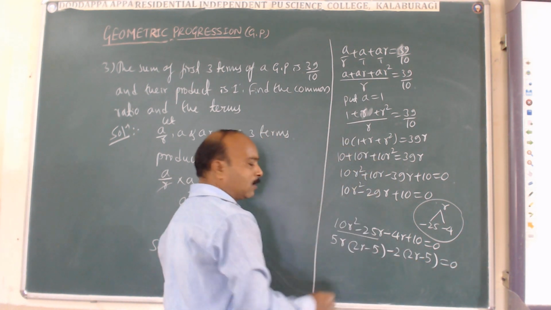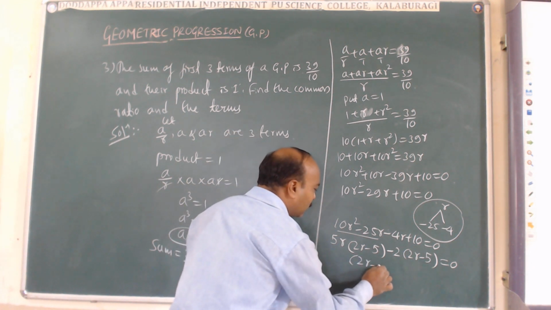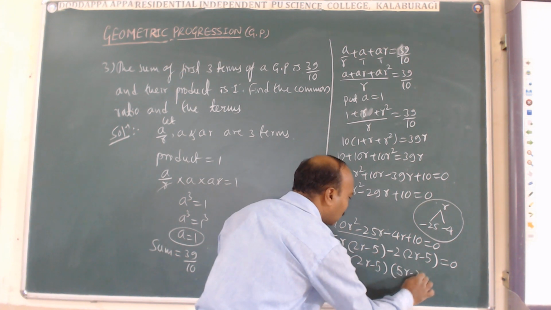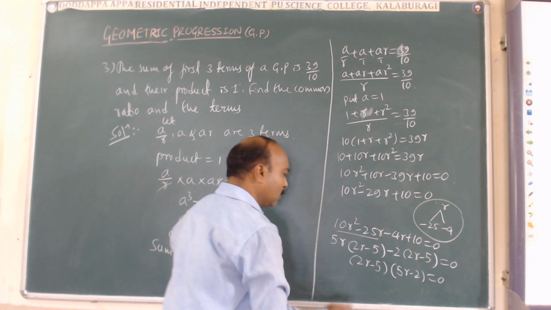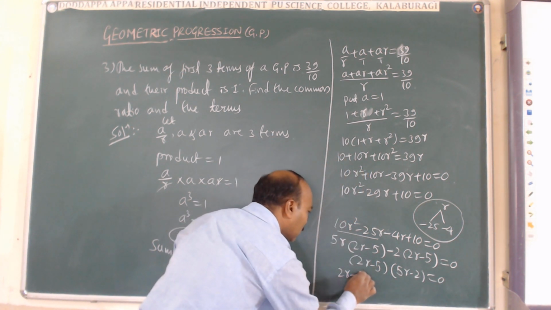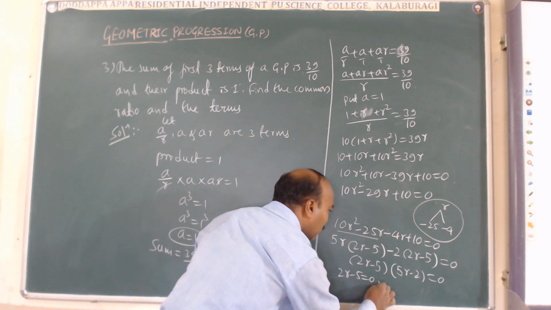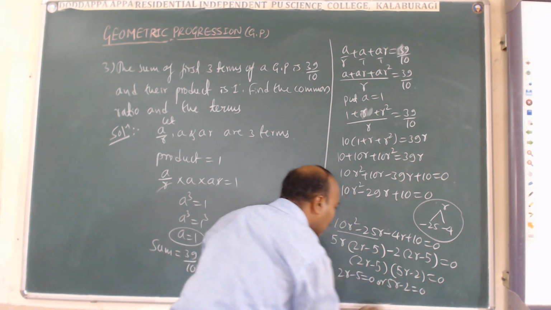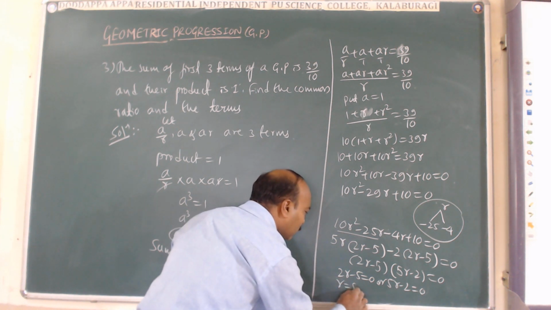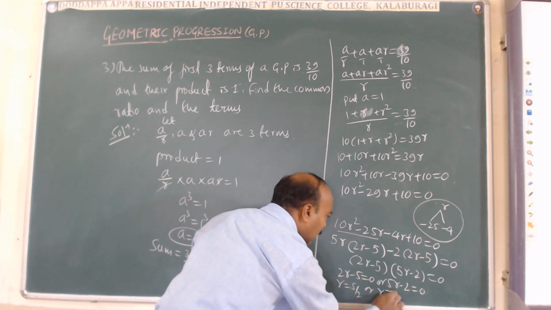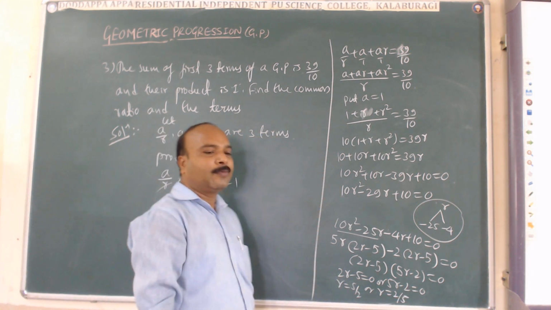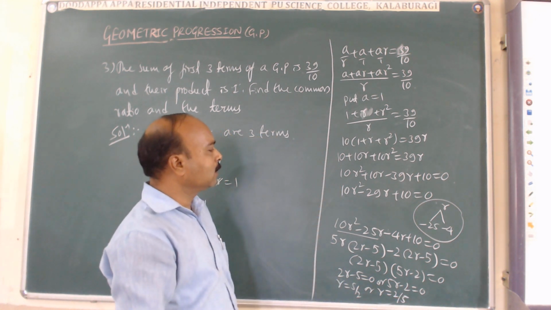Again for both 2r minus 5 is common and the second bracket is 5r minus 2 equal to 0. Therefore 2r minus 5 equal to 0 or 5r minus 2 equal to 0 we get. So r equal to 5 by 2 or r equal to 2 by 5. So these are values of r by using this condition.